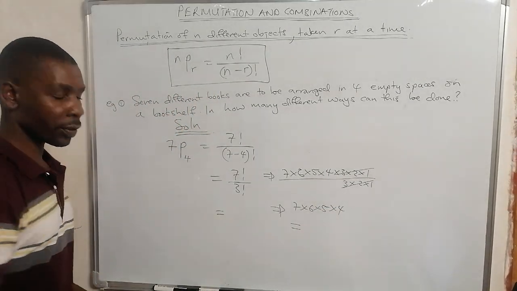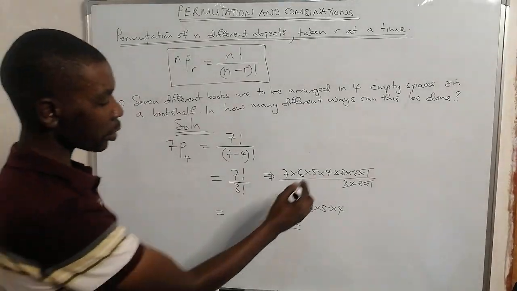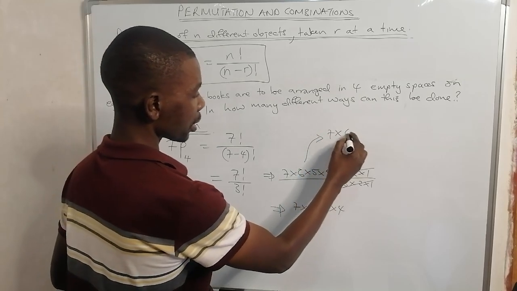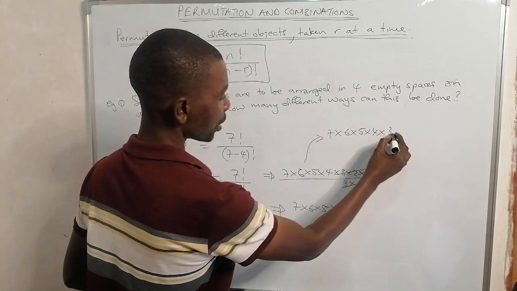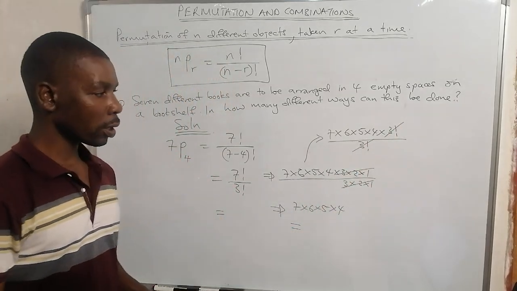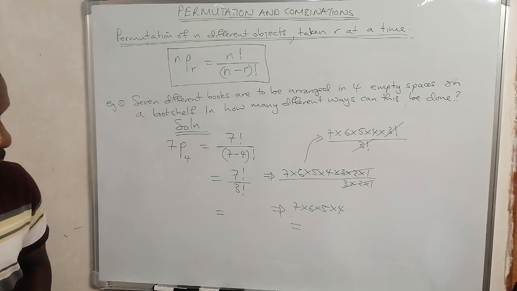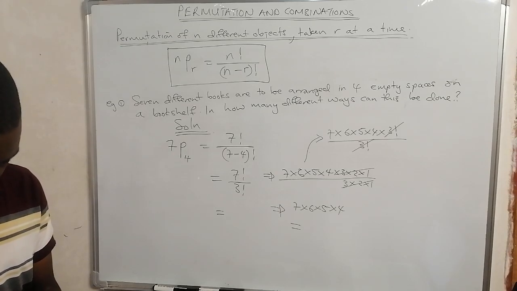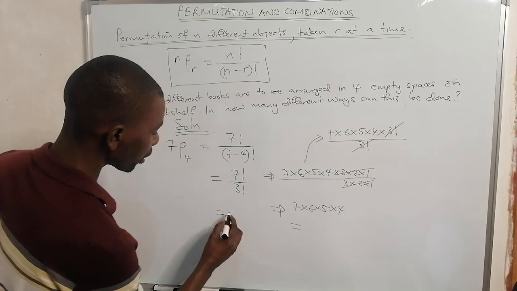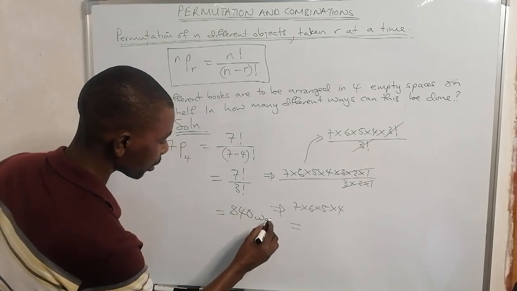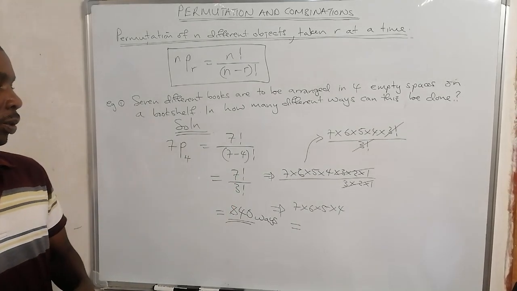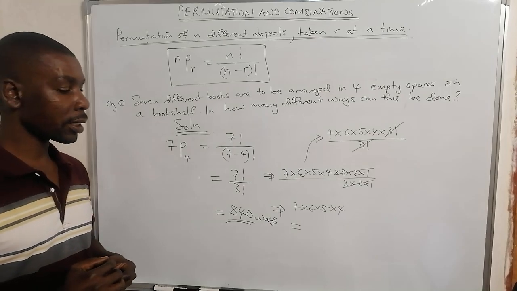Or you can simply divide 7 factorial by 3 factorial in your calculator. It will give you 840 ways.